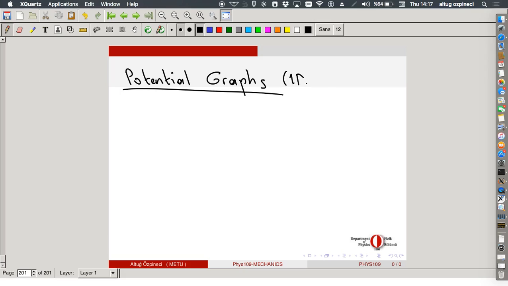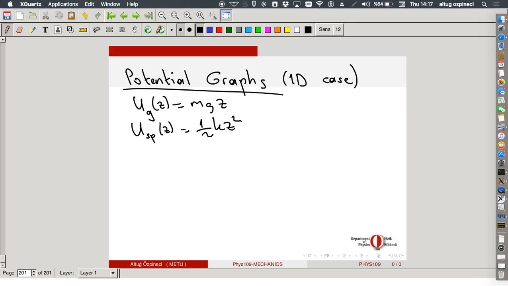Let's study the one-dimensional case, where there is just a single coordinate. In the case of gravity, the potential energy is just a linear function of that coordinate: mgz. The potential energy due to a spring is 1 over 2 k z squared.